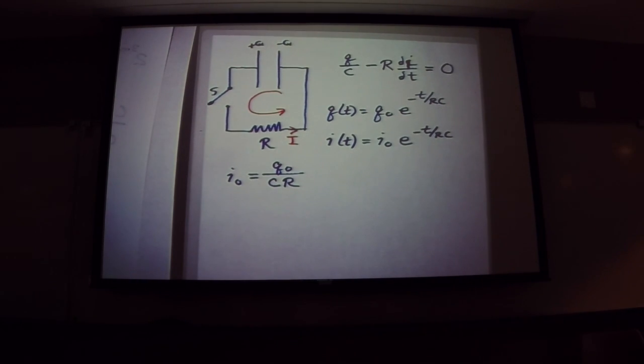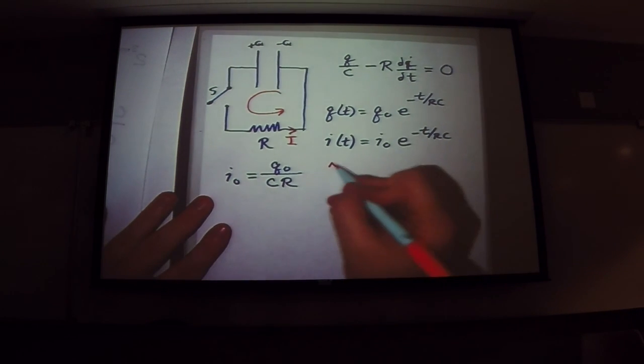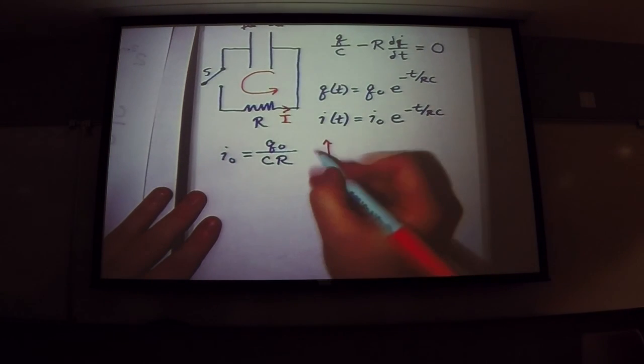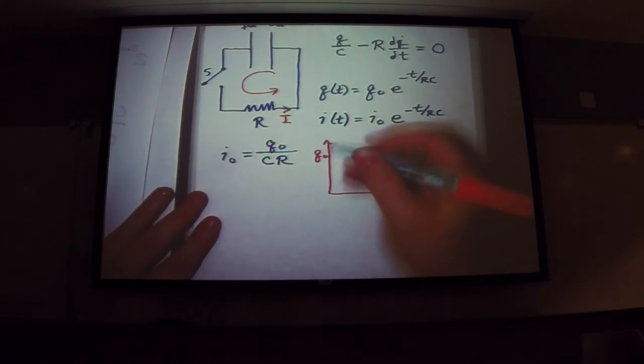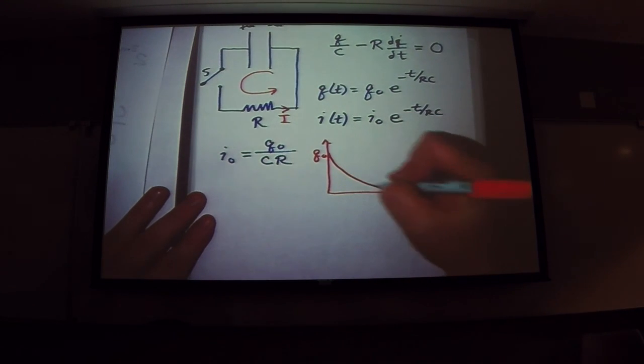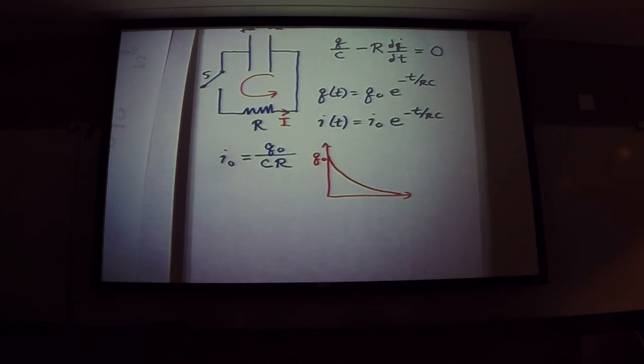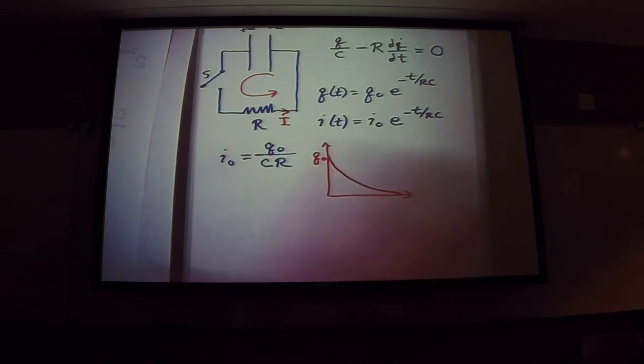And so the current and the charge on the capacitor, Q naught, go down exponentially. The voltages all decrease exponentially as the charge runs off the capacitor.